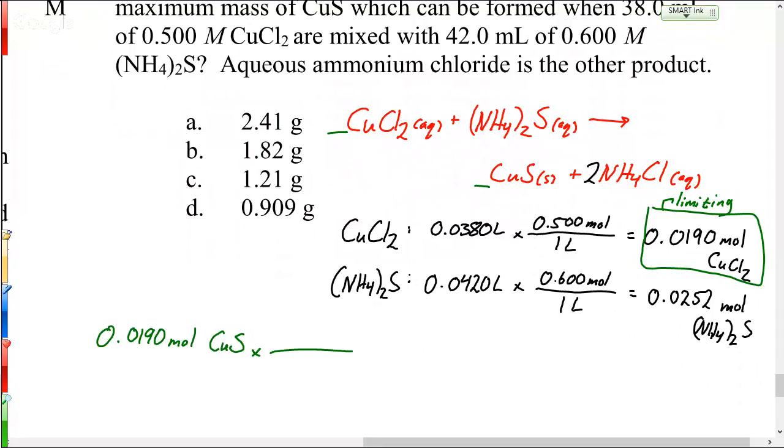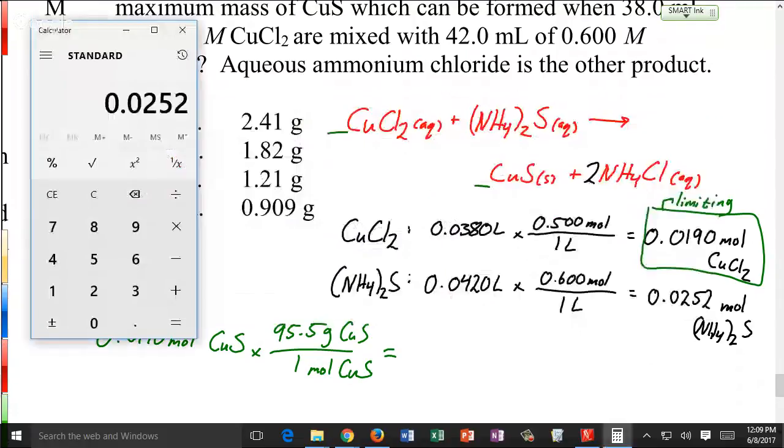Multiply that by the molar mass of copper sulfide, which would be 32 plus 63.5, right? Which is 95.5. Is that right? So about 1.8 grams, 1.82 grams.